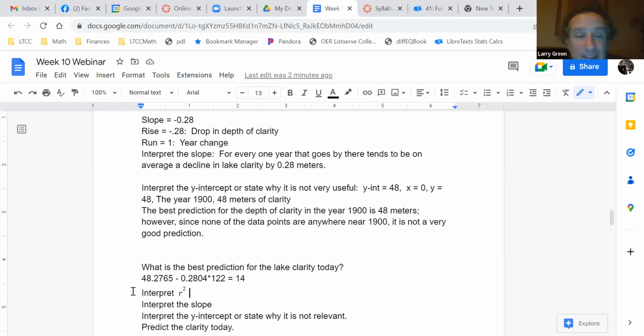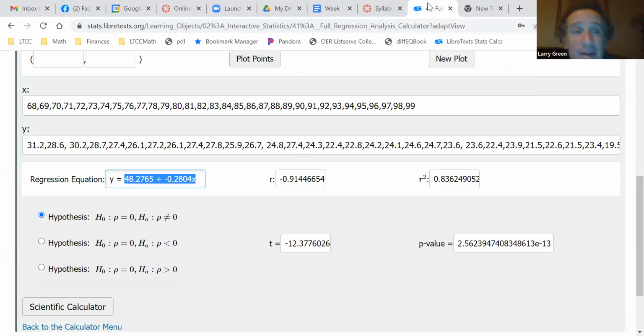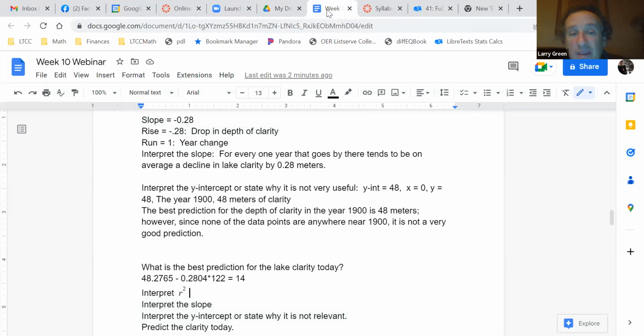So now let's interpret R squared. So again, R squared. I'm going to go to the nearest whole number percent, which is 84%. So here's how we interpret it.